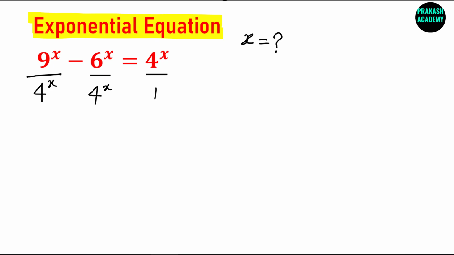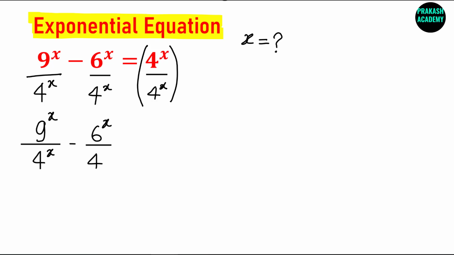Now 4 raised to the power x divided by 4 raised to the power x will be 1. So we can rewrite: 9 raised to the power x divided by 4 raised to the power x, minus 6 raised to the power x divided by 4 raised to the power x, equals 1.